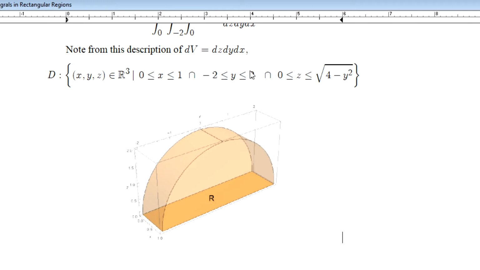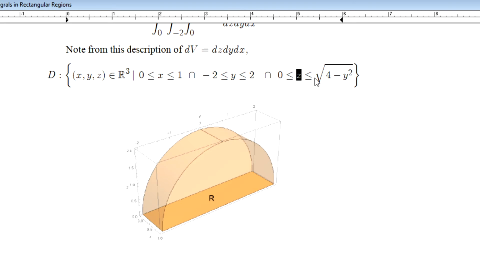It is also forming over values of y from -2 to 2, where our z value depends strictly on our y value. The smallest z is 0, which defines the xy plane itself, and this whole solid is forming over a region R, described by this rectangular region given by the bounds of x and y.